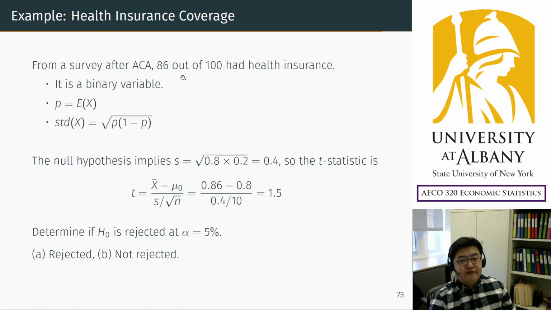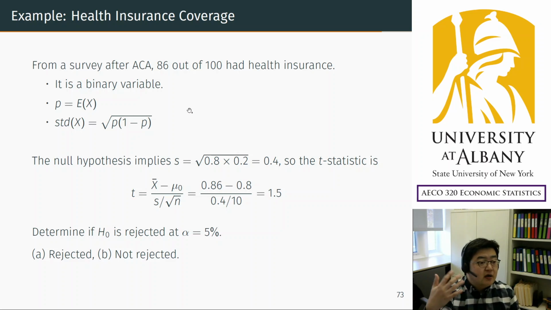Another thing we have to think about here is that this random variable is binary again. We have used the binary distribution structure several times in different contexts, and we are using it again here. The main structure is that the standard deviation is implied by the mean probability.